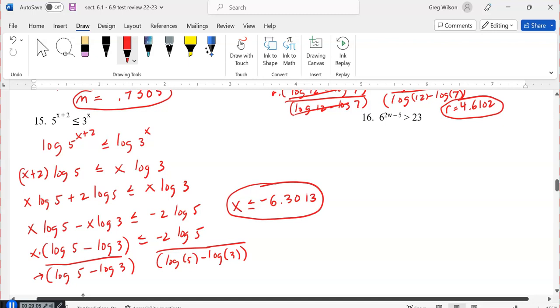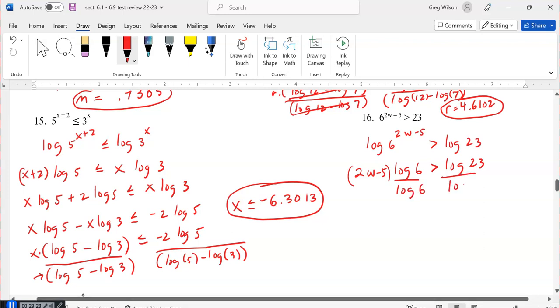And then number 16 is the same. It's just a little bit easier because the w is only on one side of the inequality. Still do log on both sides. Power property on the left side. And now to solve, we just do log 6 on both sides. So go to your calculator and key in log 23 divided by log 6.